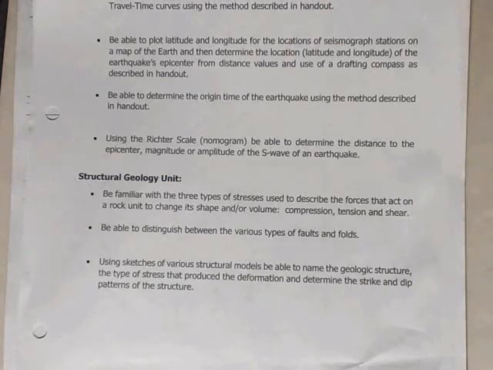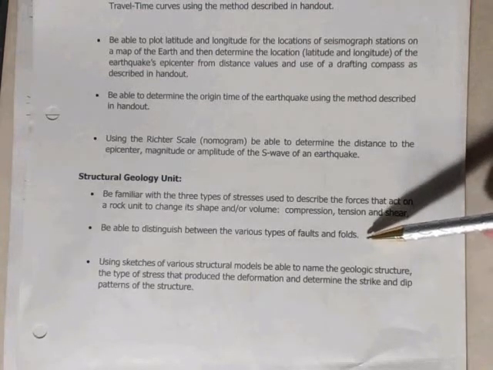Right lateral strike slip, left lateral strike slip. Is it a dip slip of some sort? So normal dip slip fault or reverse dip slip fault? Or is it a fold? So what kind of fold? Anticline, syncline, basin or dome are our choices on these folds. So be able to distinguish between those structures.